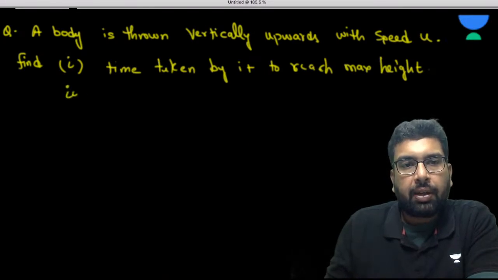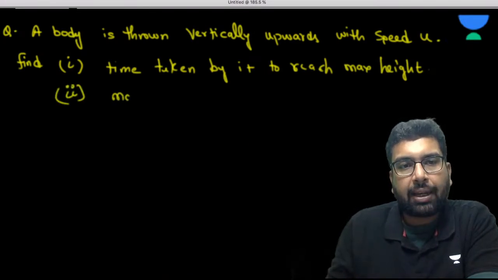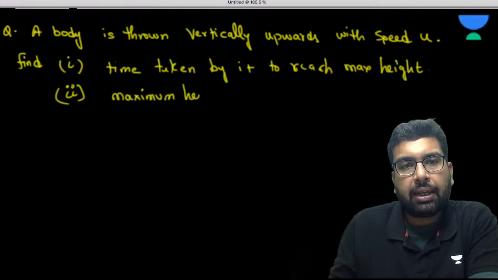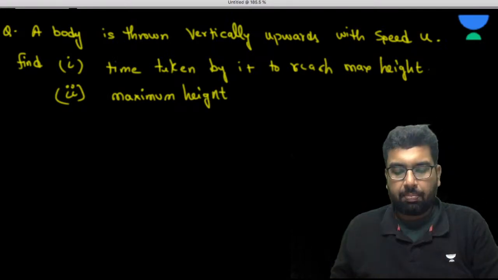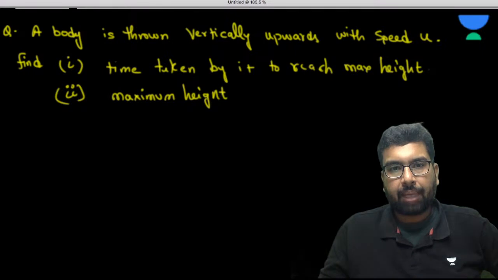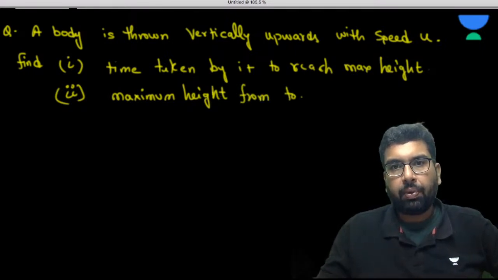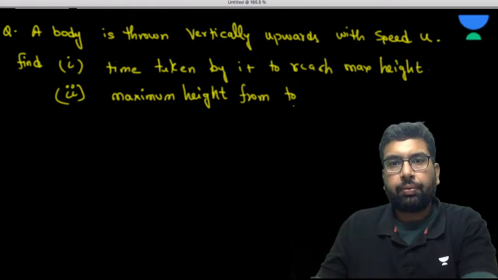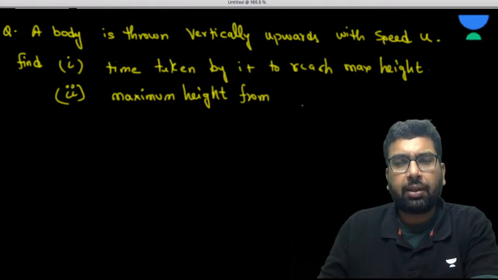Tell me, what is the maximum height? What is the maximum height it takes, maximum height from top of the building? Oh, here, top of the building is not mentioned.